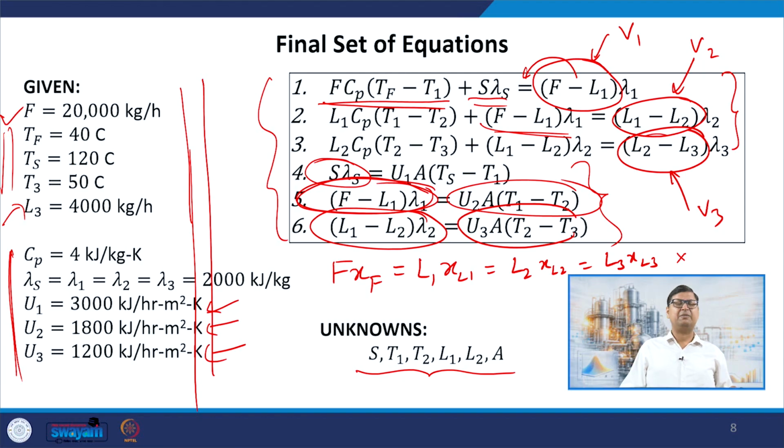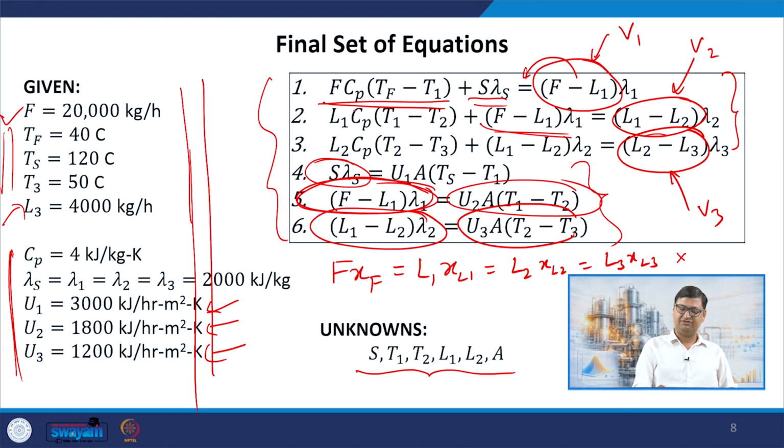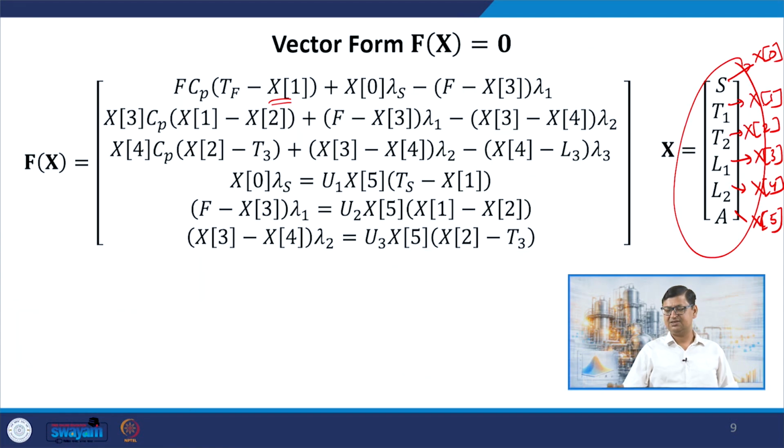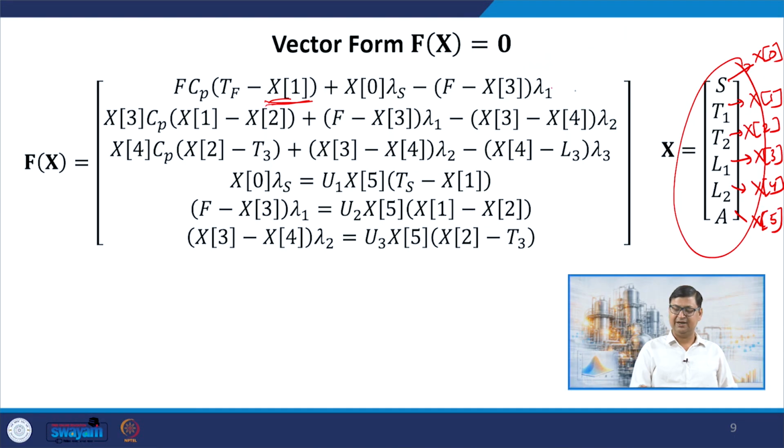And what I am also doing is, whenever I have an unknown variable appearing in the equation, I write it in the notation of which element of X it is referring to. For example, we have F Cp (TF minus T1). F, Cp and TF are known, but T1 is unknown, and T1 is the first element of X, right? That's why I put x1 here. The next term is S lambda S. S is an unknown and it's the 0th element, so I put x0 here.